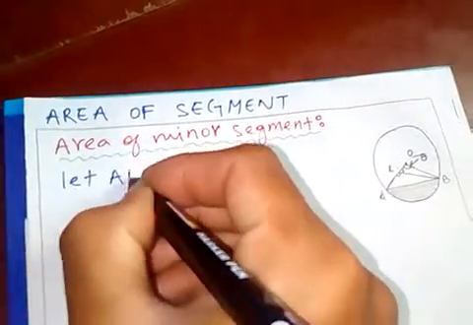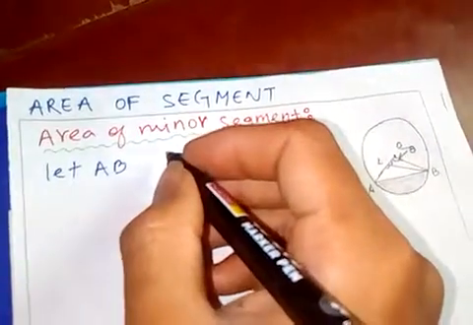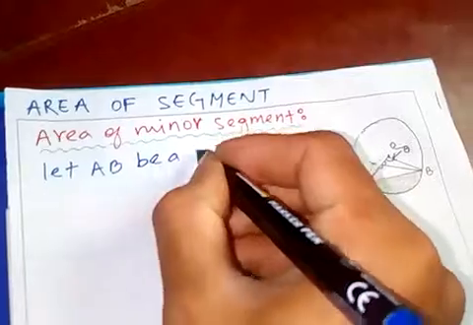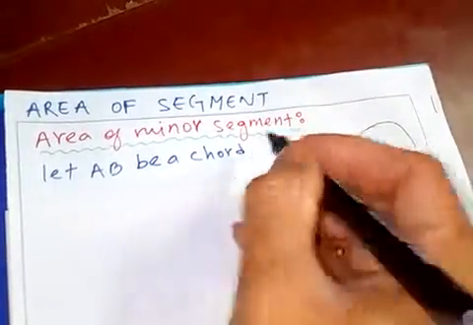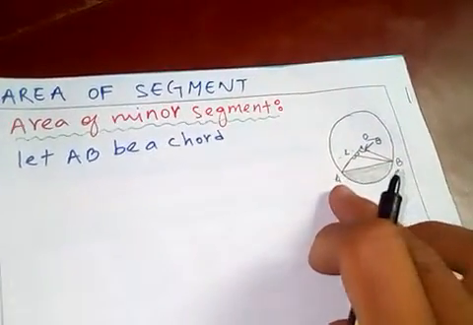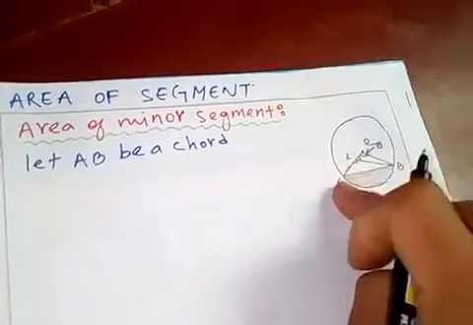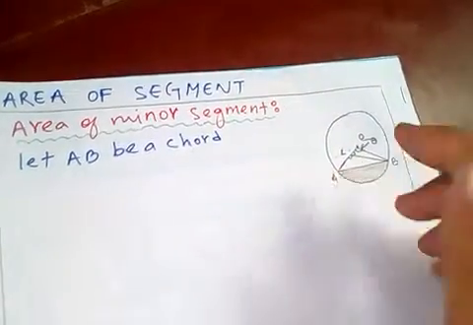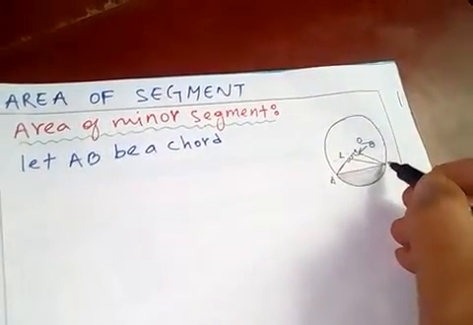Let AB be a chord. It is just a chord because it passes from one end of the circumference to the other end of the circle.